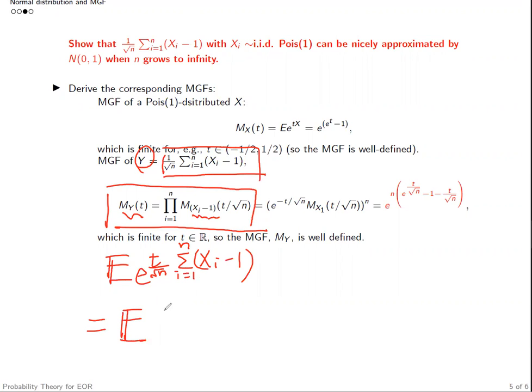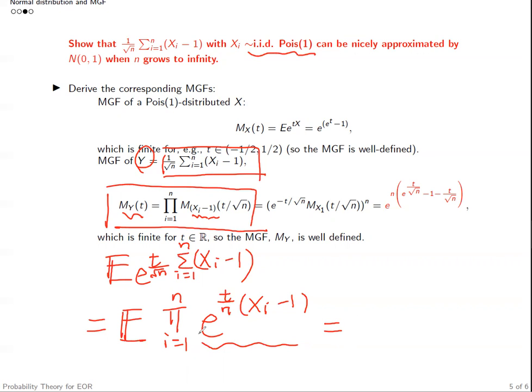the product of e to the power t over square root n times xi minus 1. Because we have an IID sequence, each xi is independent from the others, and independence means products.